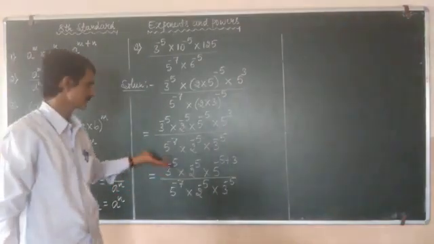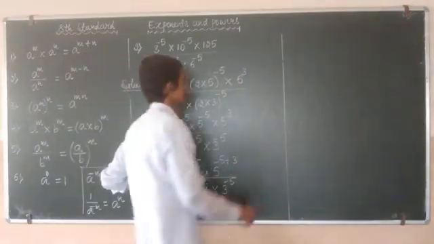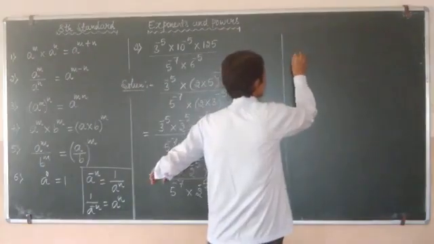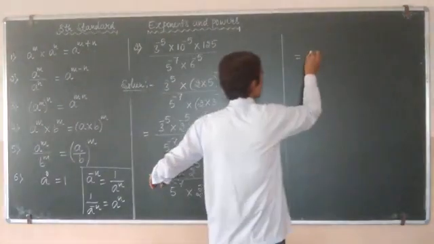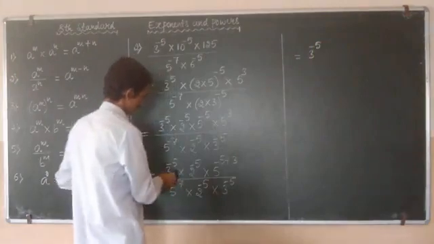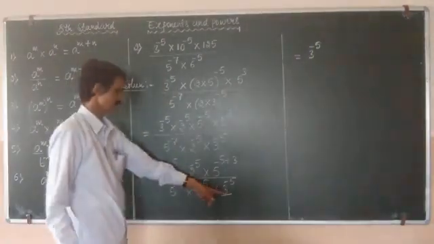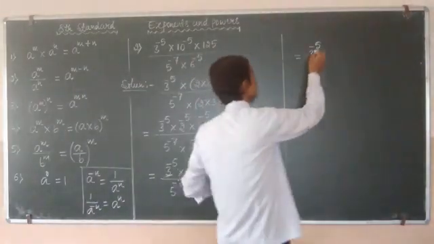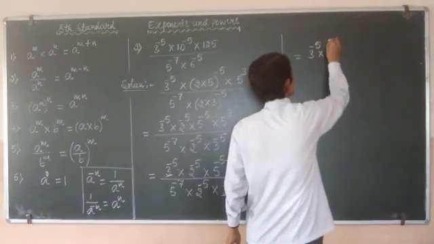Now group the same exponents. So this can be written as 3 to the power of minus 5. Here, this exponent and this exponent, if it is taken to the numerator, it will get converted to positive. So 3 to the power of 5.